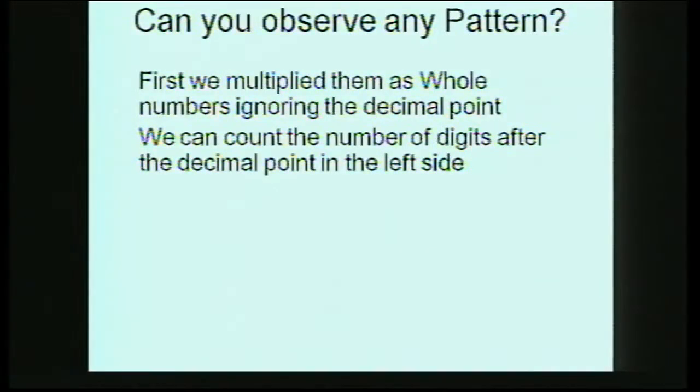Count a similar number of digits from the right of the product. The product will come on the right side, and from the rightmost digit of the product you count and place the decimal point. Put the same number of decimal places. This is the method of multiplying a whole number with a decimal number.